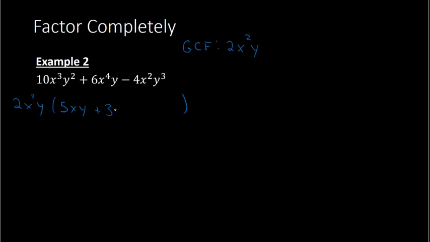X squared times x squared gives me x to the fourth, and then the y's are already okay. And then the third term, 2 times a 2 would give me 4. The x squareds are all right, and then the y's, we have 1, we need 3, so y times y squared would give me y to the third. So in parentheses, I would have 5xy plus 3x squared minus 2y squared.